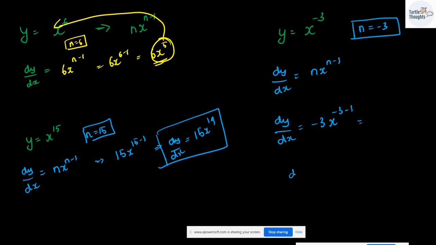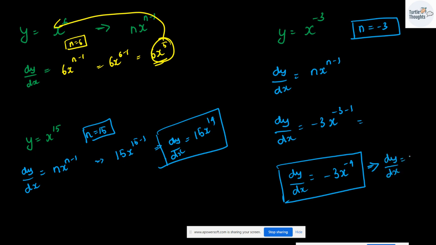The answer I am going to get is dy by dx as minus 3 x raised to the power minus 4. It can be written this way, or you can take x raised to the power 4 to the denominator, and you can write dy by dx as minus 3 over x raised to the power plus 4. Both are one and the same.